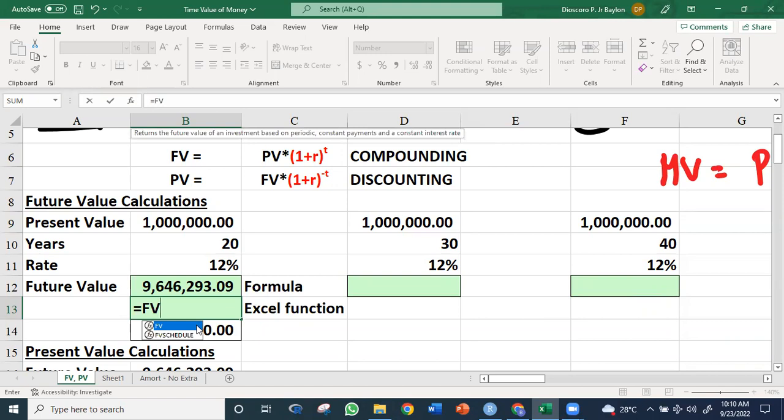So it gives us the future value or maturity value of an investment based on periodic payments and a constant interest rate. We have a periodic just once, the initial investment, and then we have a constant interest rate. So you can now use the FV function of Excel.